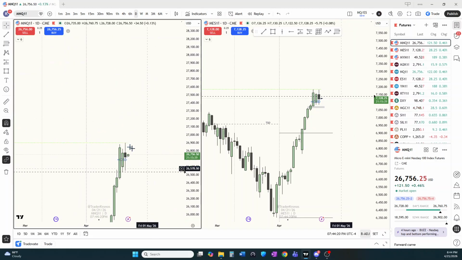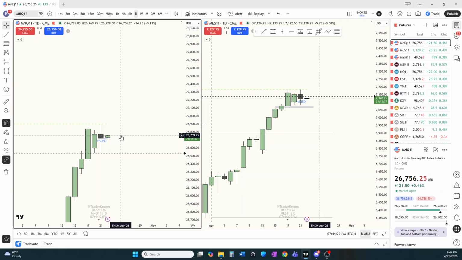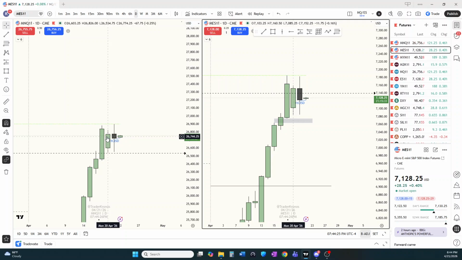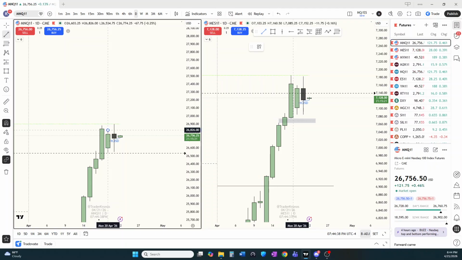So keeping that in mind, what could I expect on indices, right? Well, if we look at Monday here and Tuesday, what's already happened, right? Tuesday's come up and taken Monday's high, just like T-Trades would do for his fractal model.